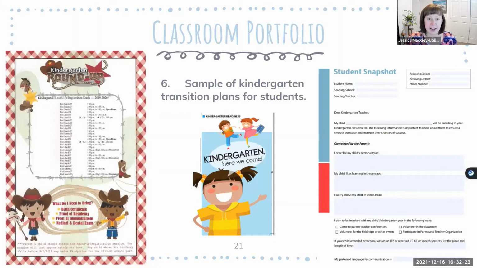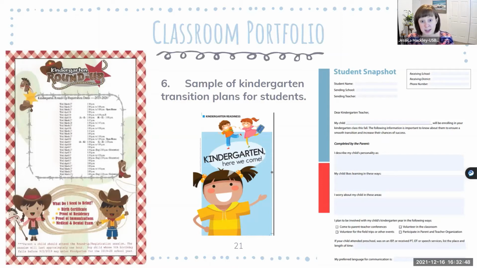Okay, the next one, item 6 of 7, we're almost done, is just a sample of kindergarten transition plans for students. So these are 3 examples that I found in the portfolios that were submitted to us. So you can see we have a kindergarten roundup poster that the program or district is running to help students become familiar with kindergarten and kind of reduce some of that anxiety.